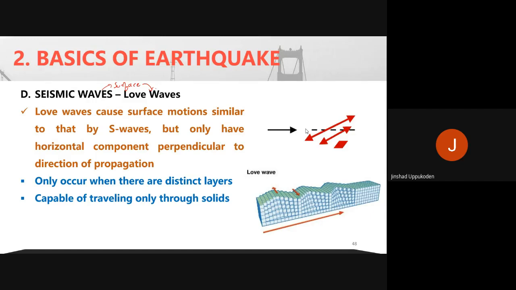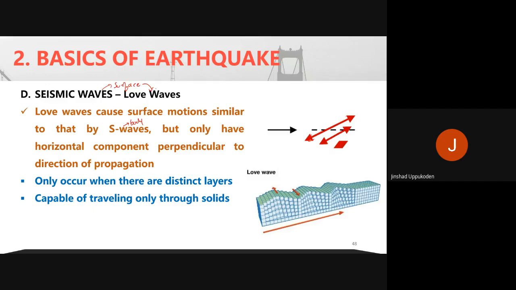Whether there is destruction of buildings or loss of life, whatever it is, it is caused due to the surface waves. The body waves, in the interior, travel in all directions. We'll show that figure later. So the surface waves are of two types, Love waves and Rayleigh waves, in which the Love waves are similar to the S waves, which are body waves, but they have only the horizontal component, no vertical component.